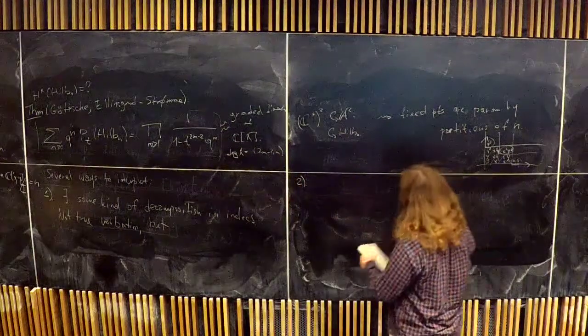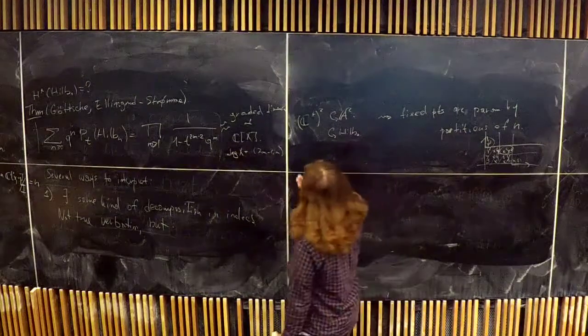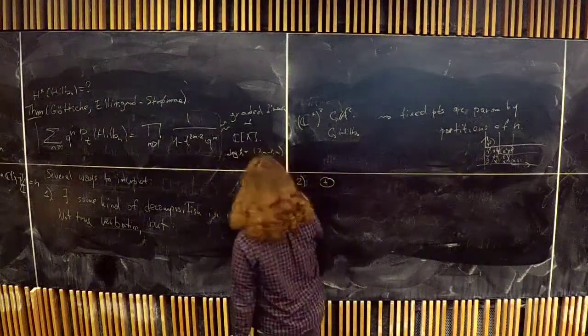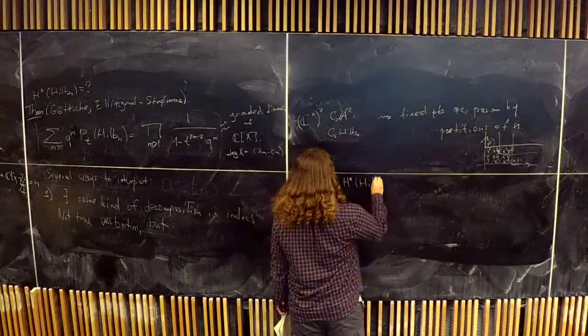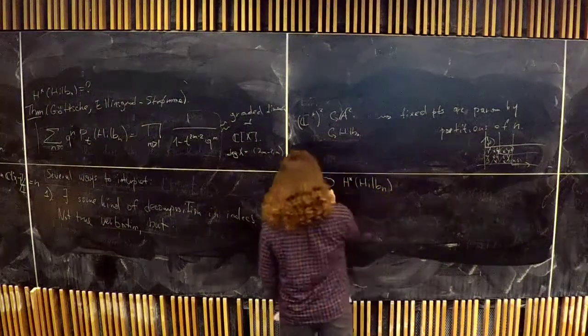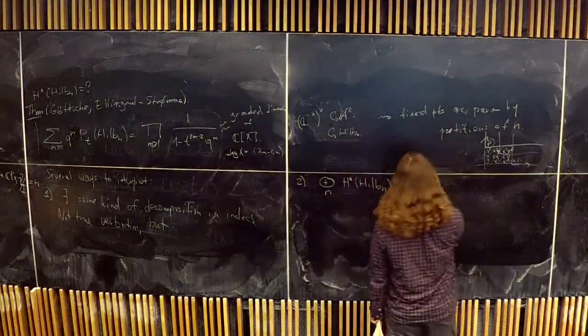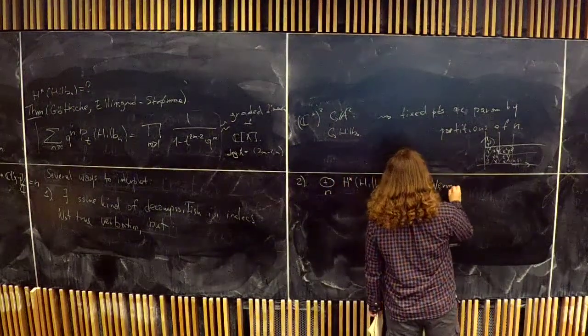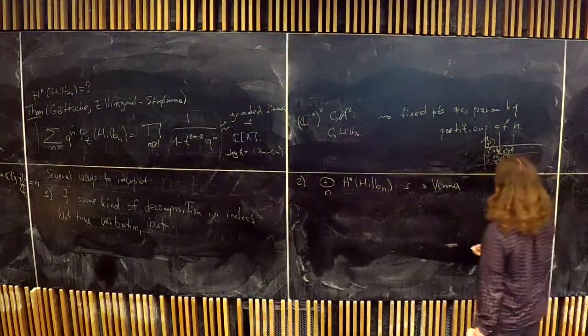So another perspective is: what things have the dimension of a symmetric power, a symmetric space? An example of such things are Verma modules.